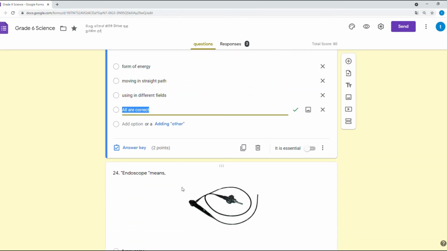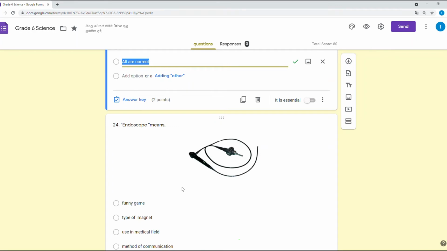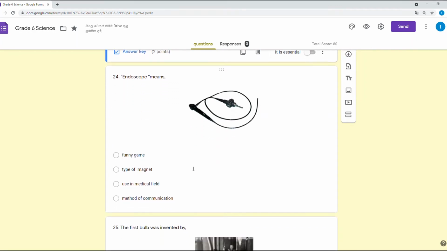Now number 24. I think this term is also not new for you. That is the endoscope, a very useful instrument used in the medical field. Why do I say it is very useful?